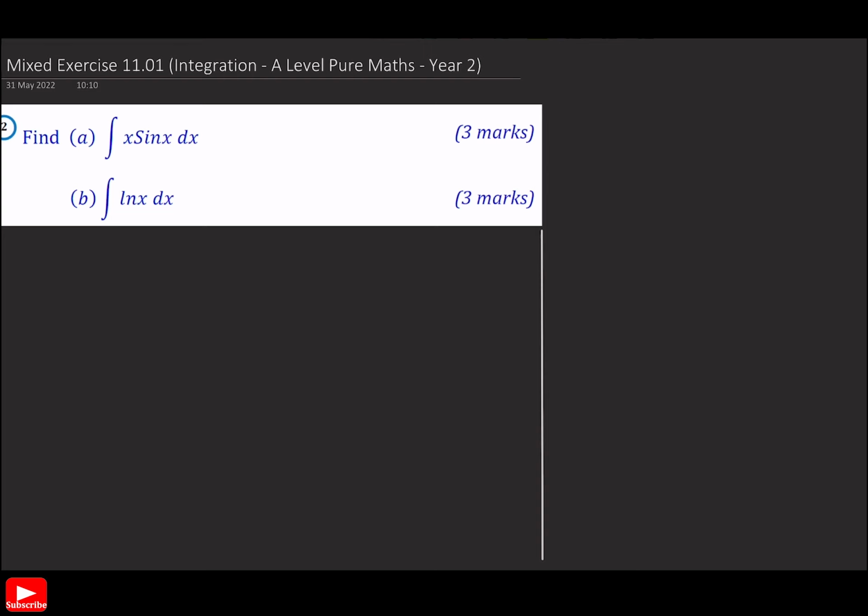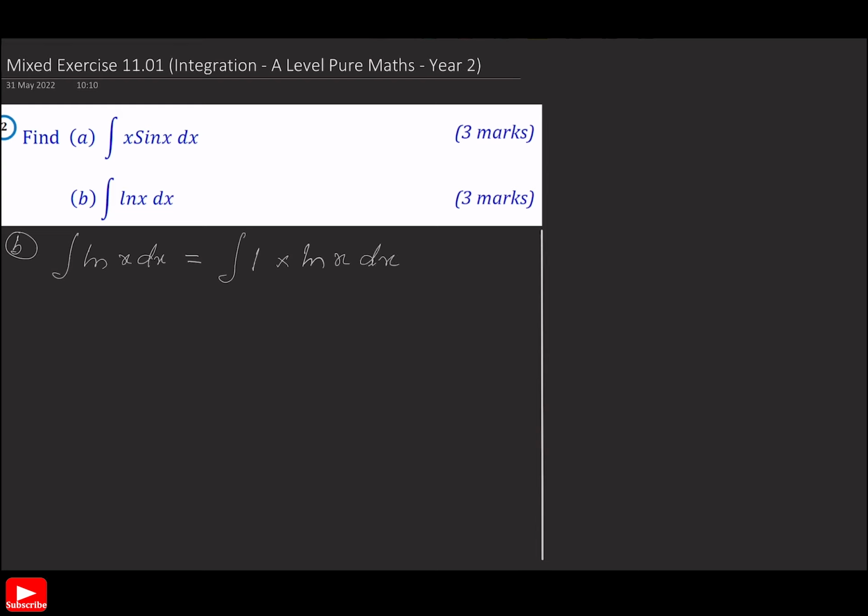For b, we're going to integrate ln x dx. But we have to rewrite this as follows: integral of 1 times ln x dx.